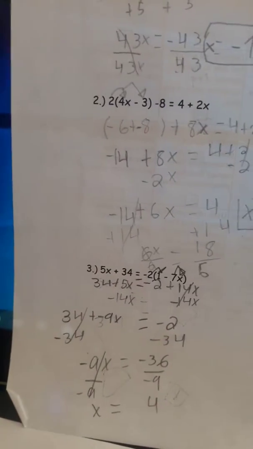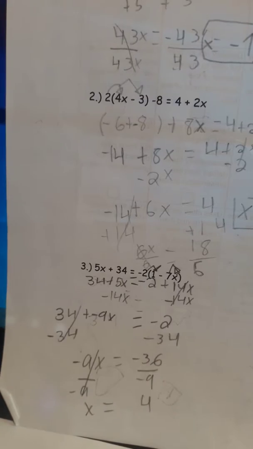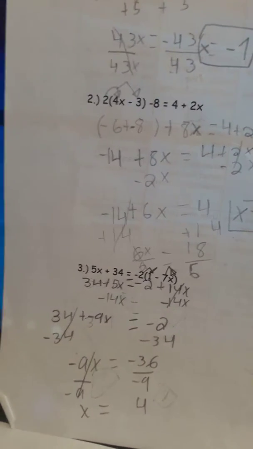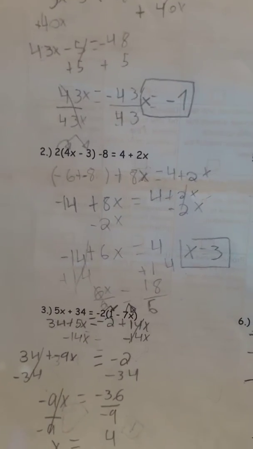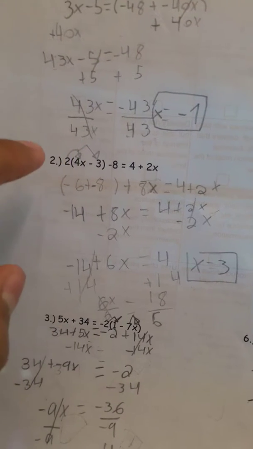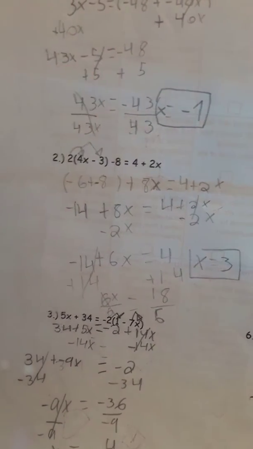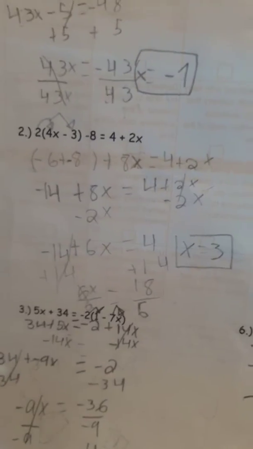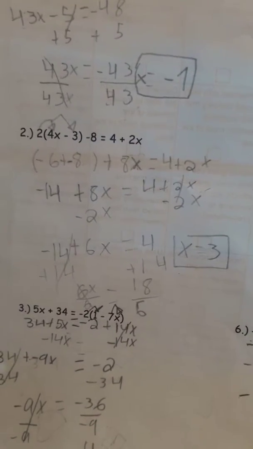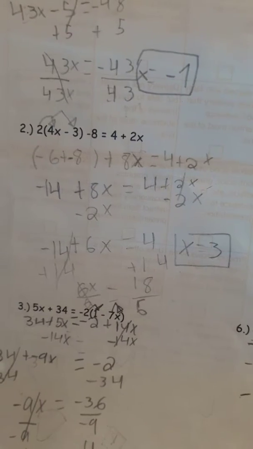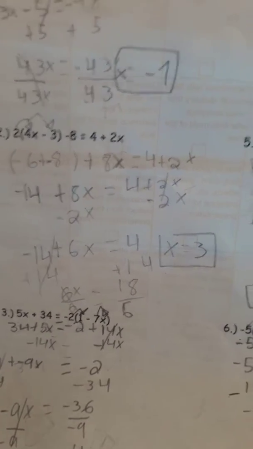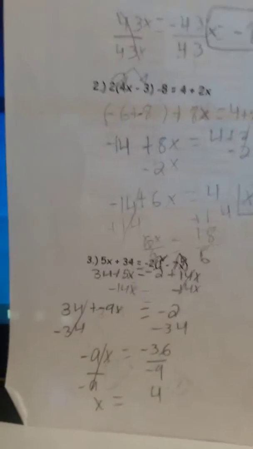Okay, my second problem is 2(4x minus 3) minus 8 equals 4 plus 2x. So first, I had to do distributive property. So 2 times 4x minus 3. Oh, I made a mistake there.